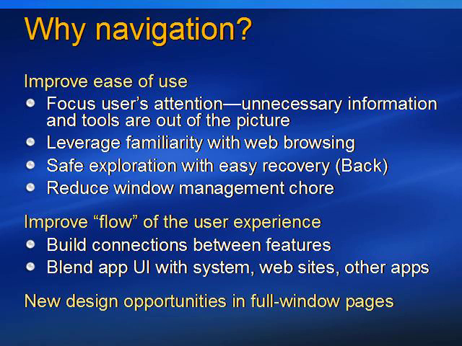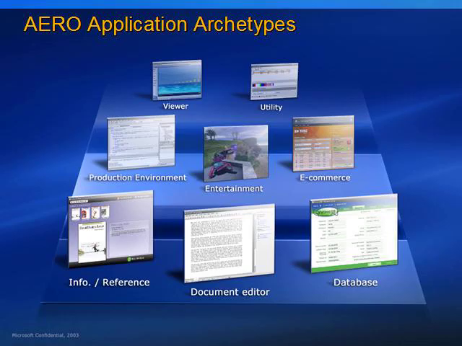We don't think that this can be done in a one-size-fits-all kind of way. We can't give guidelines that say everyone should have a back button in their application. Instead, as we chart out our user experience for Longhorn, we're trying to identify a set of application archetypes, common applications that represent a broad set of applications, and try and develop guidelines for each class so that when you're developing, say, a document editor or a database or a utility program, you can draw upon the specific guidelines as they pertain to your class of application.